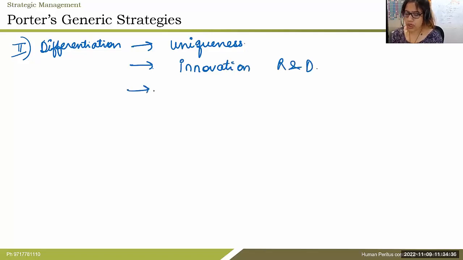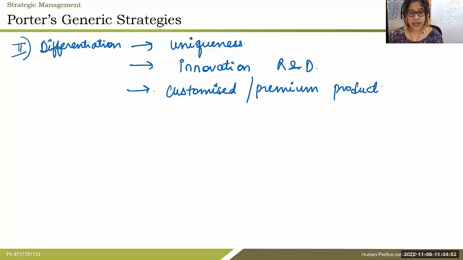We are producing high quality or premium products, customized and premium products made according to the needs of our customers, which means that other rivals are not offering a differentiated product. That's how we differentiate ourselves.